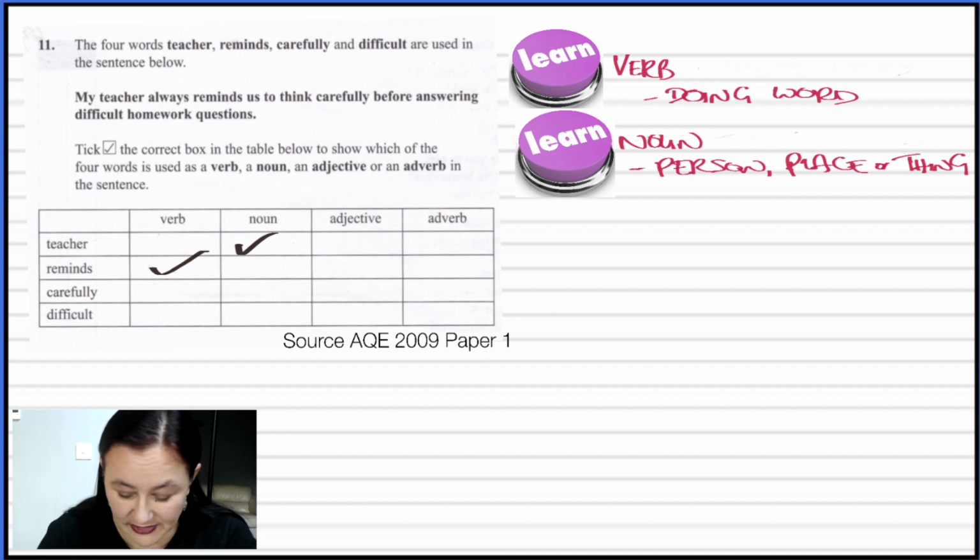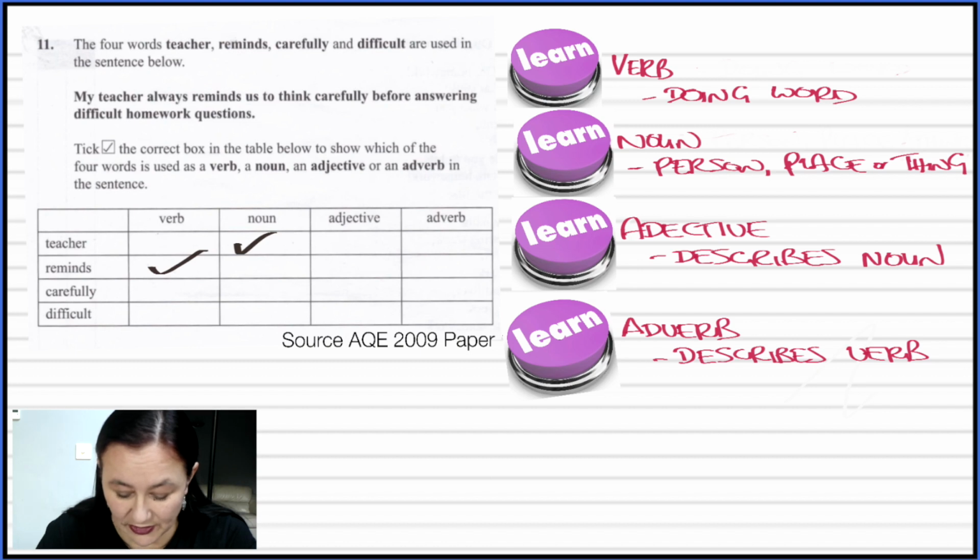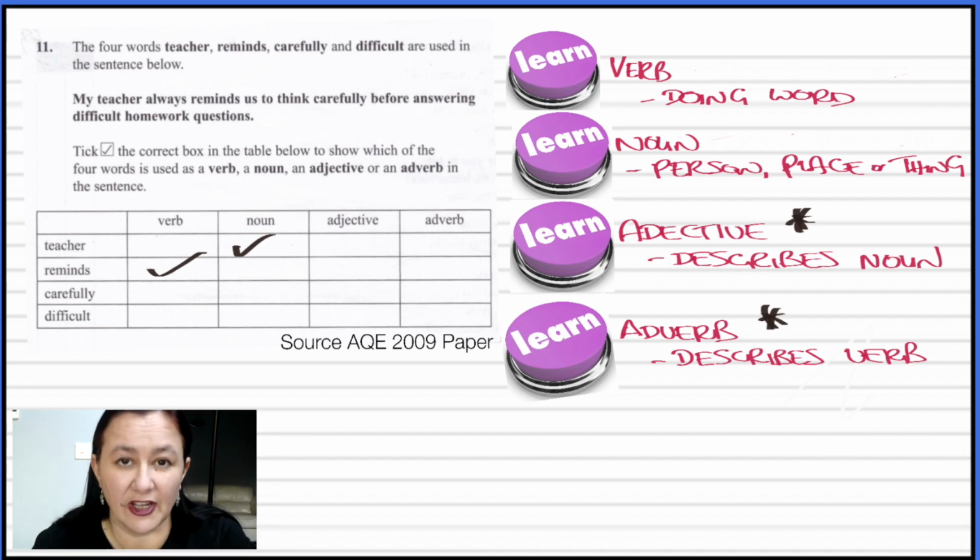Moving on, then we've got adjective, which describes a noun, and we have adverb, which describes a verb. I think it's fair to say that kids get more confused with these two words than with the noun and the verb.